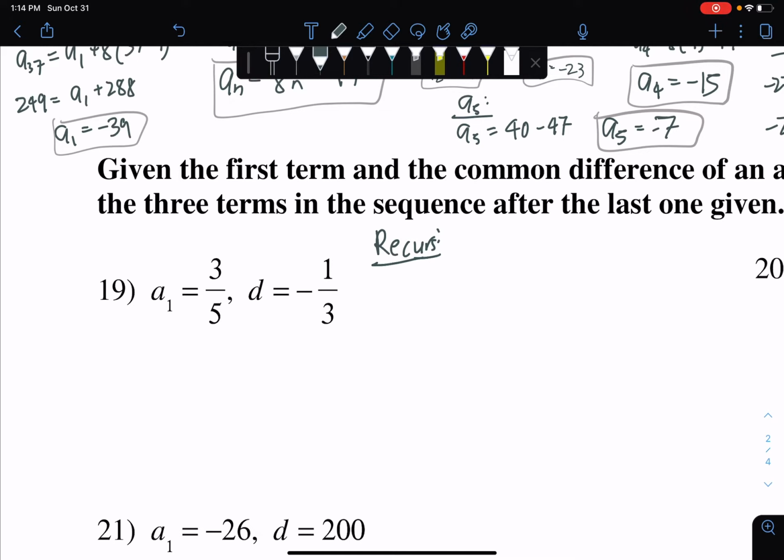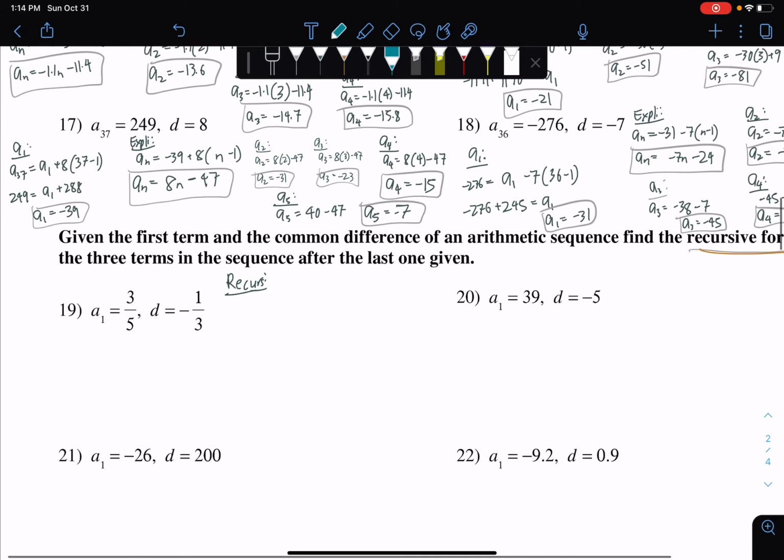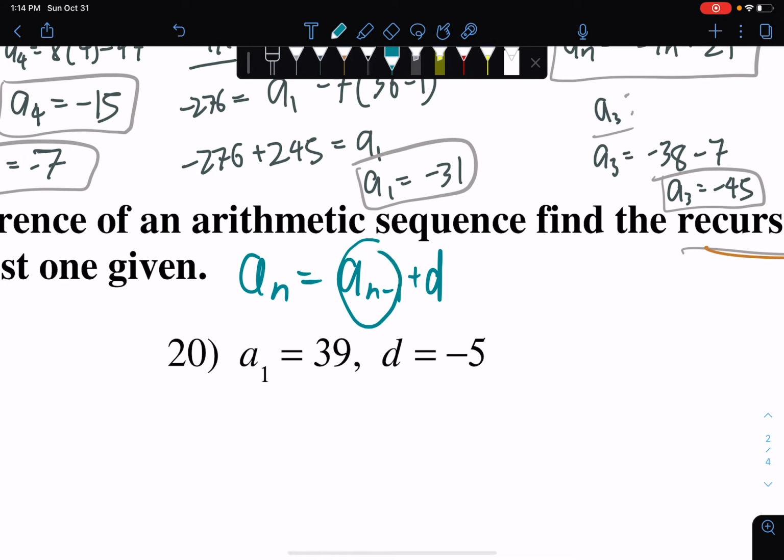For our recursive formula, the general standard is a sub n is equal to a sub n minus 1 plus d, such that this is different from a sub n minus a sub 1. These are different from one another. So just to avoid confusion, our minus 1 is aligned with the value of n.